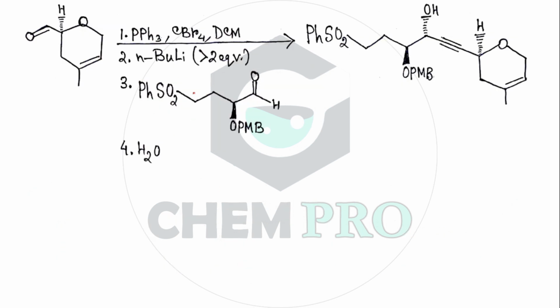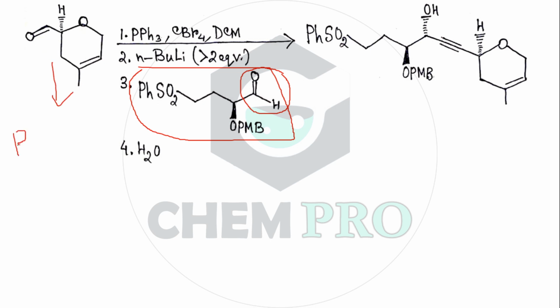And the next example is this, and this is an aldehyde. So from this we can get the terminal lithiated alkyne, like this.